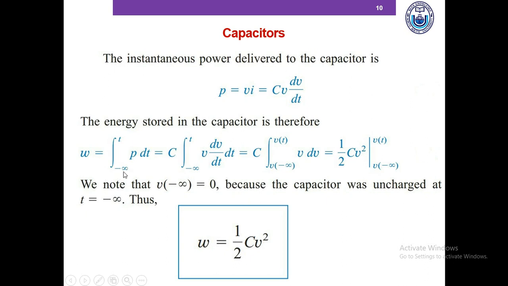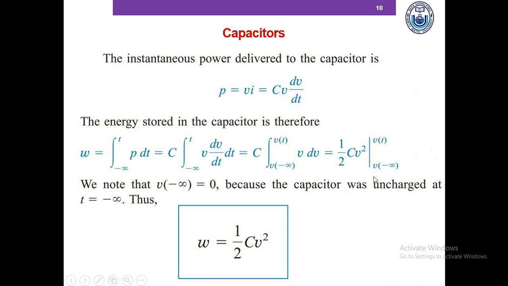Minus infinity here means a time when the capacitor was totally uncharged. When the capacitor was totally uncharged, q equals 0, and the voltage also has to be 0, because we know q equals Cv. If q equals 0, the capacitance cannot be 0, which means the voltage has to be 0. So the capacitor was uncharged at t equals minus infinity. That's something we always assume.